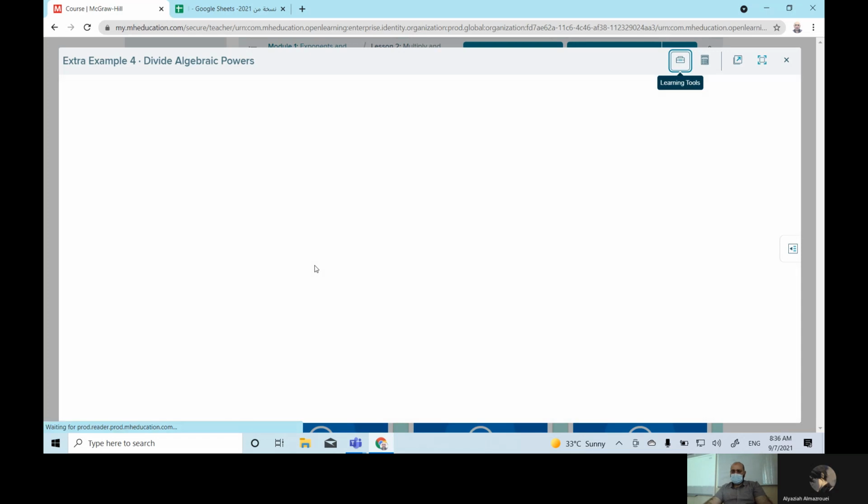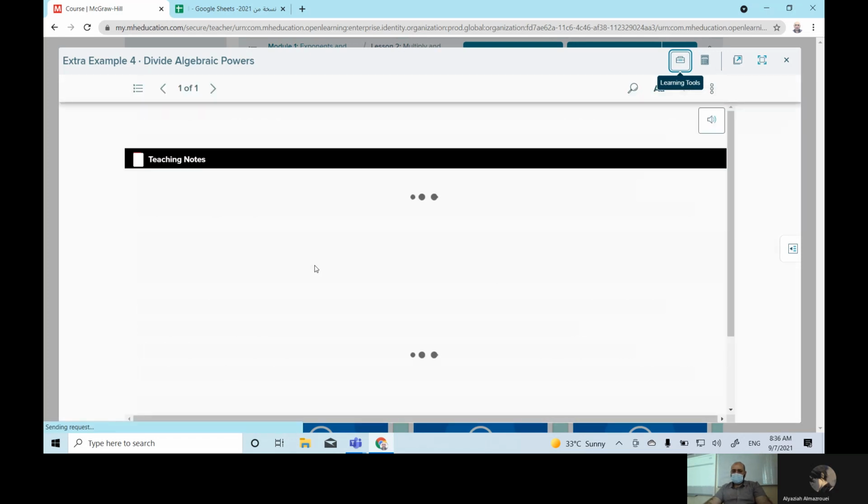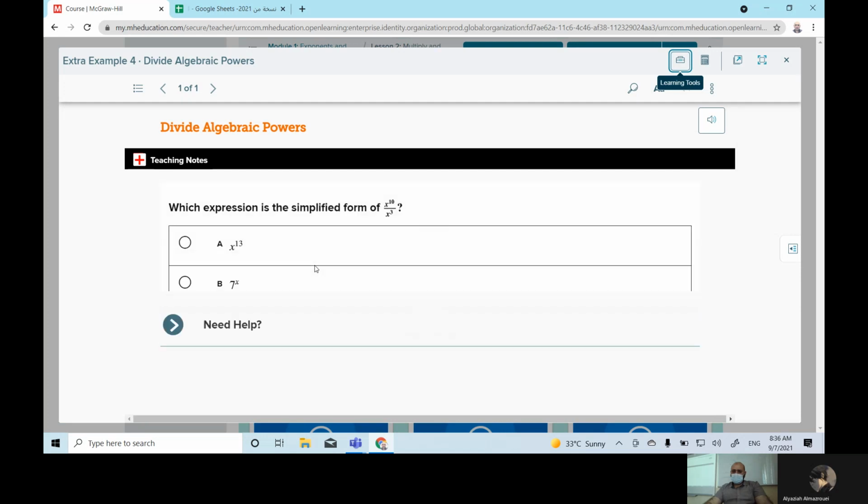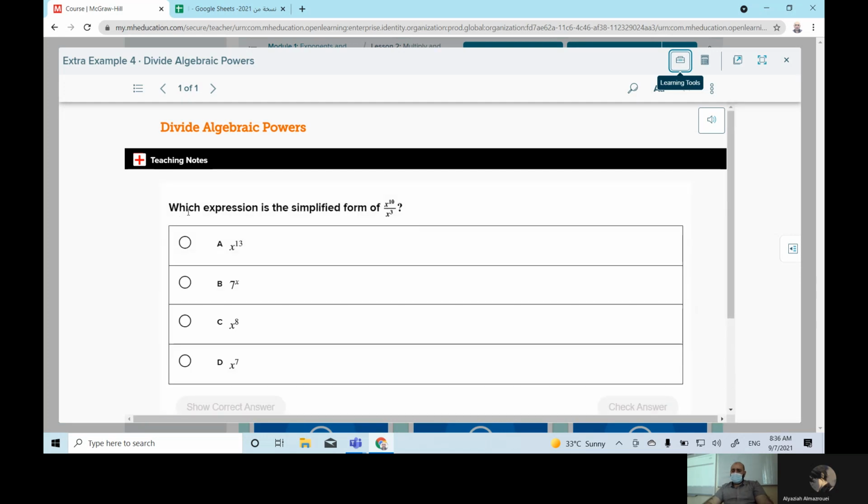The same idea here. Divide the algebraic powers. Write this question, please: which expression is the simplified form of x exponent 10 over x exponent 3? Is it number A or B or C or D?